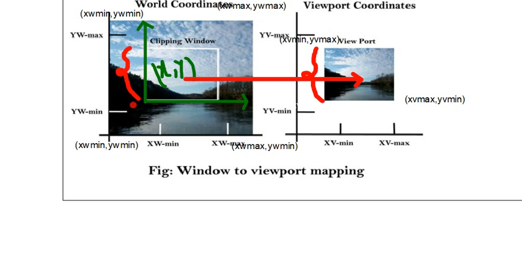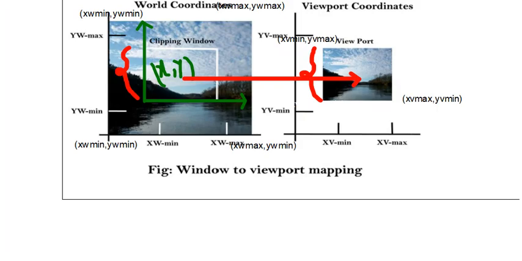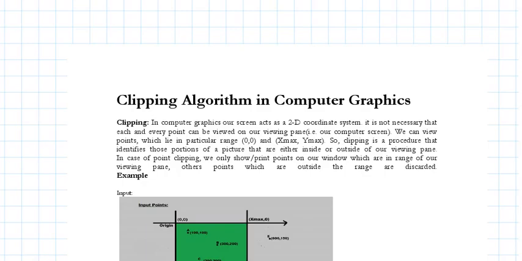So some sort of clipping is necessary here, and the goal behind clipping algorithms is to achieve this. Now let me go back to our present lesson.